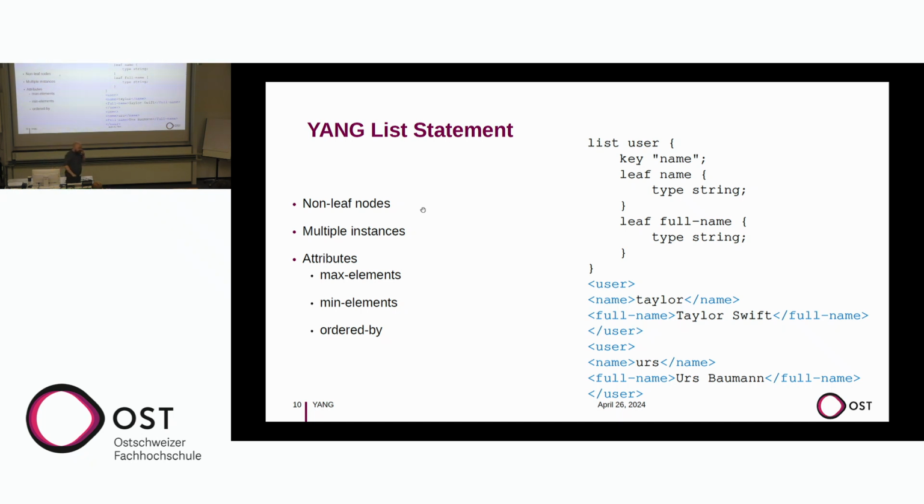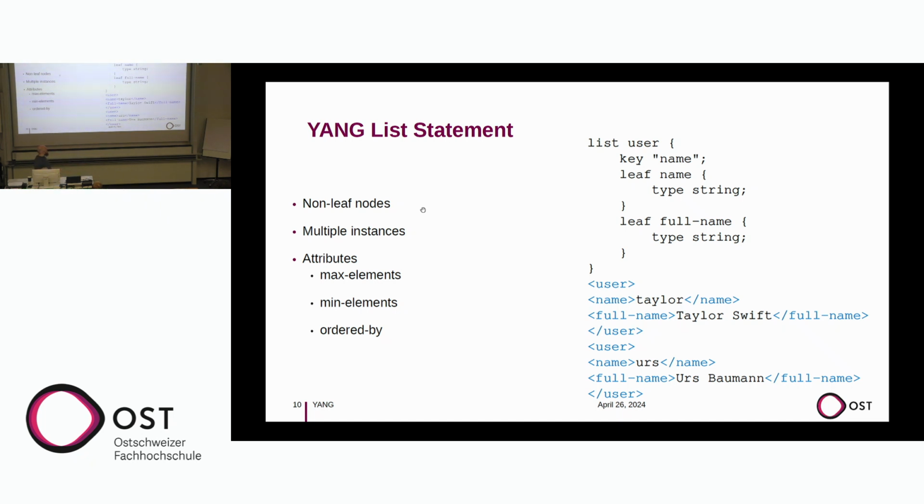Before we saw the leaf-list, so if we just have multiple times the same leaf, but maybe we have more complex stuff, like an interface does not have just the name, right? An interface will have an IP address, an interface will have encapsulation, MTU, a lot of stuff. So we could have a list element which allows us this kind of thing.